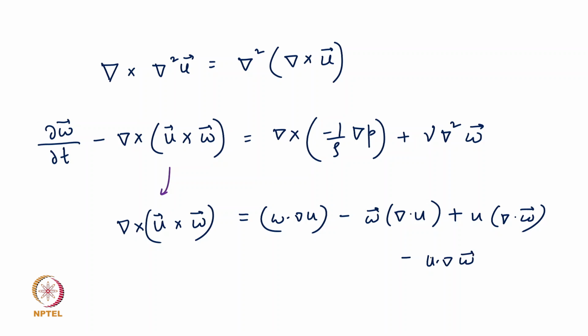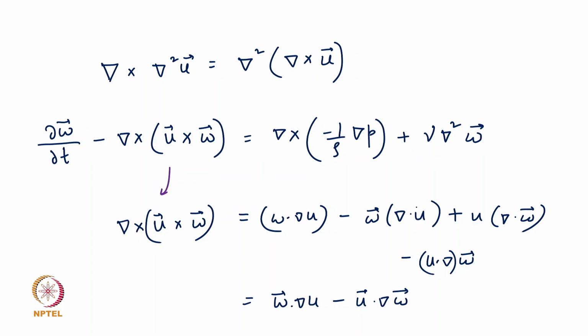Okay, now the fact that the divergence of the velocity field and the vorticity field goes to 0, we had derived both of these. The second term just reduces to this one minus this one.